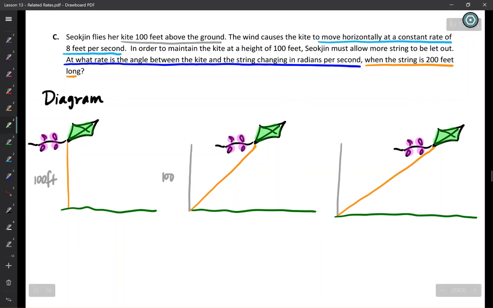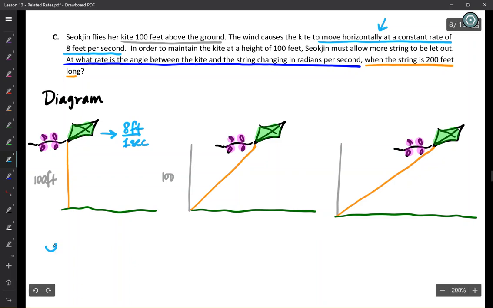Okay? So they gave me that the kite is moving horizontally. It's moving this direction at a constant rate of 8 feet per second. Right? So I need to introduce some notation here.